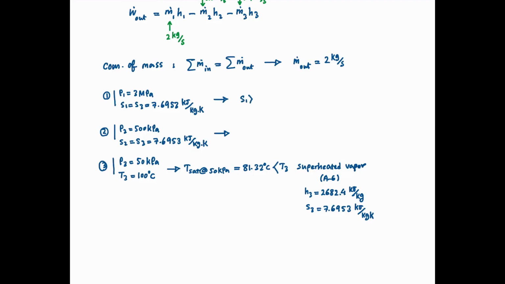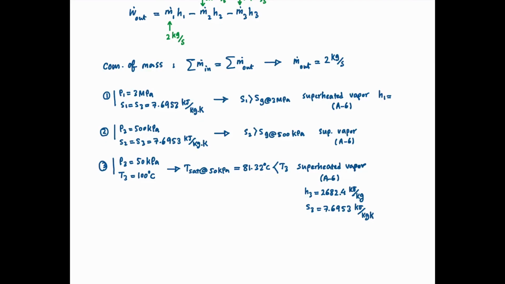S1 is greater than Sg at P1, 3 megapascal, meaning that inlet to the turbine is superheated vapor. And S2 is also greater than Sg at 500 kilopascal. We just need to go to table A6, superheated water vapor, and at given pressures and entropies, we can read for enthalpy.